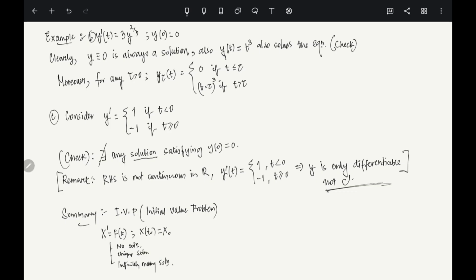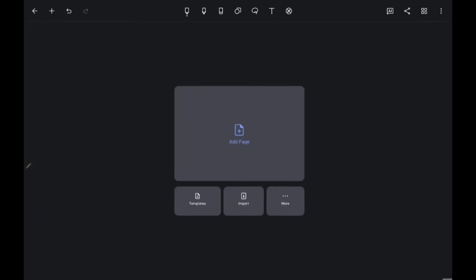So what is the guarantee that if I give you any problem, you can say that the equation has a solution, and whether the solution is unique or not? That is the theorem which you are going to do. This is called a fundamental local theorem.